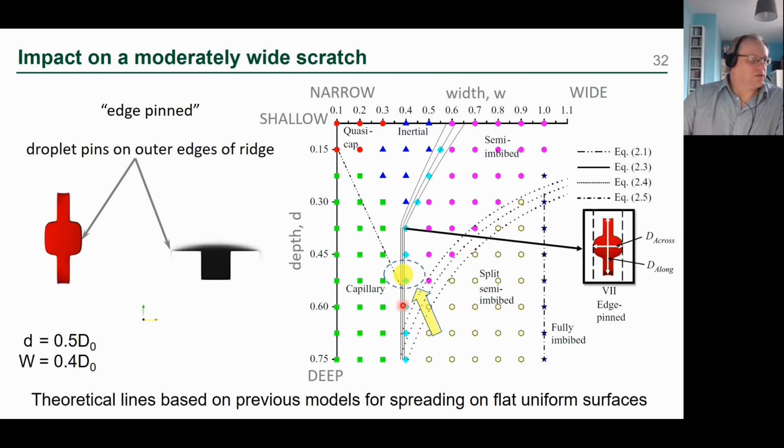regime. And these lines here, these are theoretical predictions of this, which are based on previous models for spreading on flat uniform surfaces that Khaled adapted to account for liquid going into the scratch, and then looking at the condition where the spread diameter matches the size of the ridges.